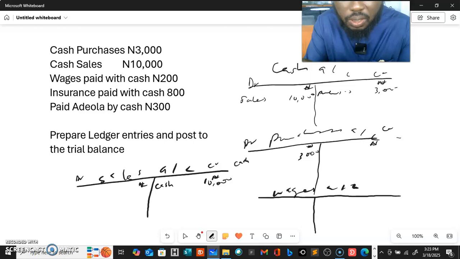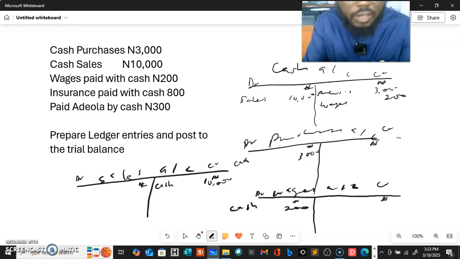So we have debit, we have credit. For wages, we pay cash of how much? That is 200 naira. We confirm the double entry principle by crediting cash, because we paid with cash for wages. That is 200.